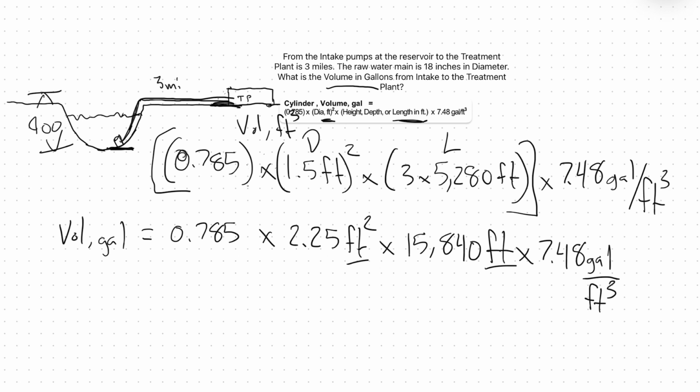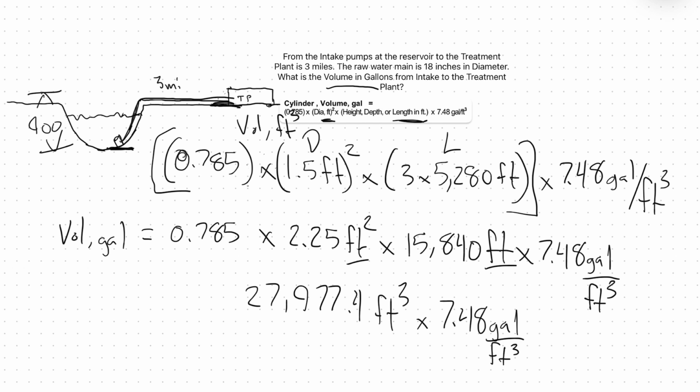So if we take 15,840, multiply it times 2.25, multiply that times 0.785, we get 27,977.4 cubic feet, and we're going to multiply that times 7.48 gallons per cubic foot to give us our answer.